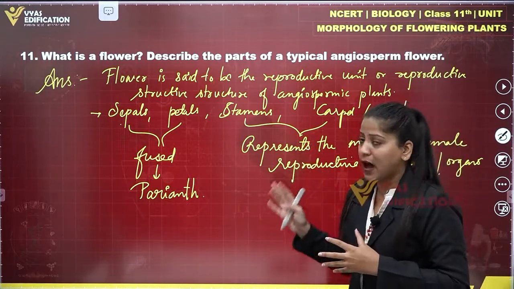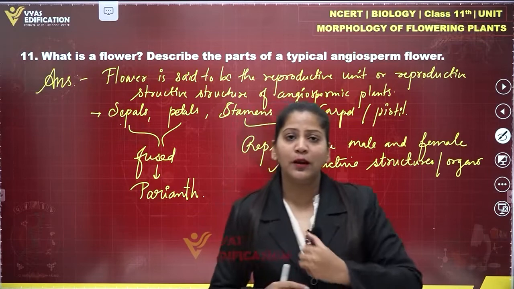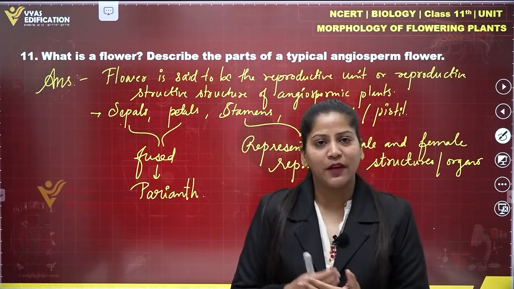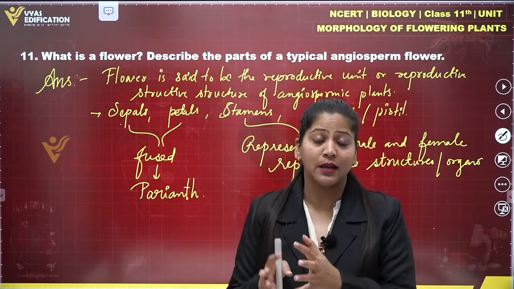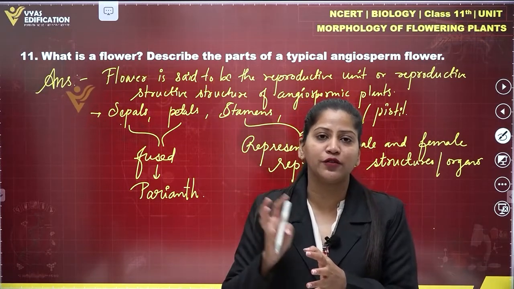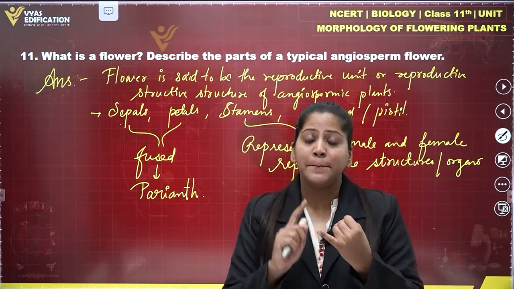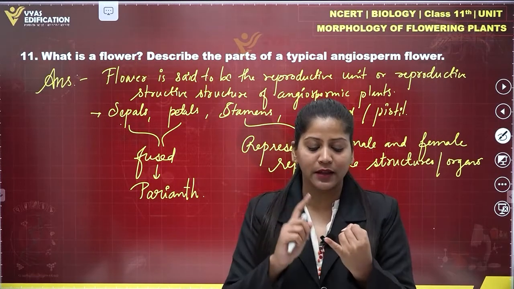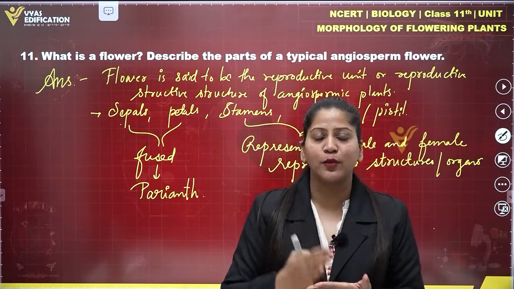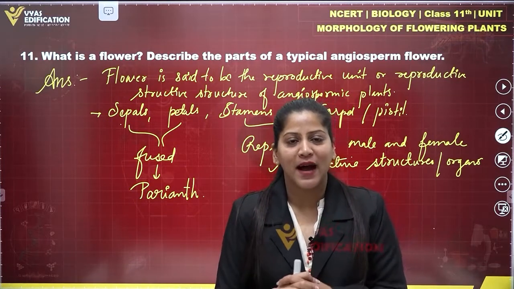The flower of an angiospermic plant can be bisexual or unisexual. A bisexual flower contains both types of reproductive organs, the male one, the stamen, and the female one, the carpel.